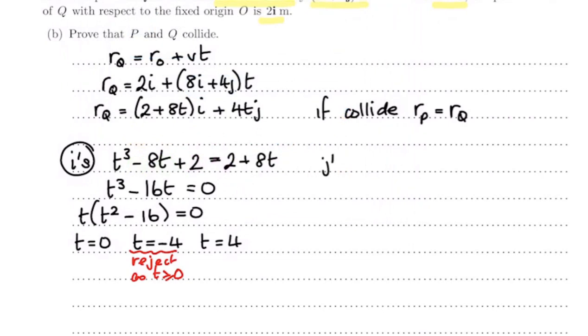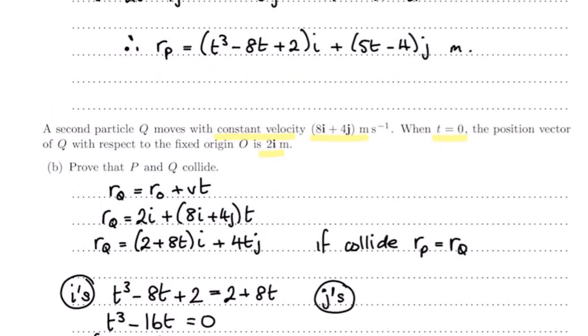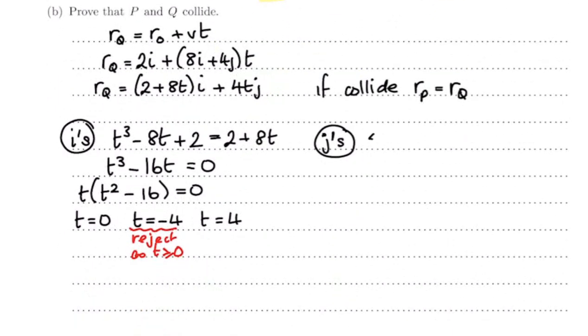So on this side I'm just going to do the j's. Again, if you look at P, you can see the j component was 5t minus 4. I'm going to set that equal to the j component for rQ, that's 4t.